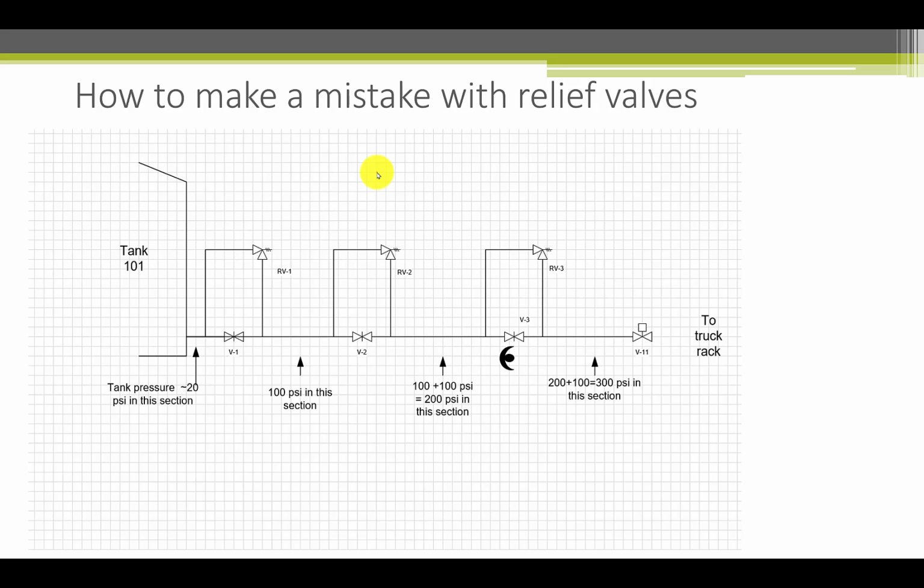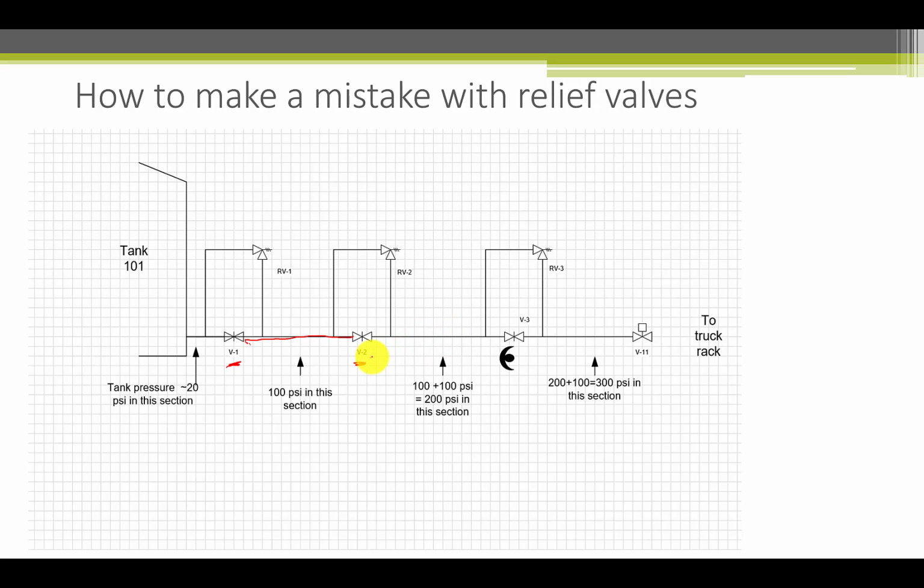Here's an example of how understanding or not understanding that relief valves are differential pressure devices can get you into trouble. Many companies require that any place hydrocarbons can be isolated in valves, that they must be relieved by a thermal relief valve. So for example, in this valve, you can block liquid from here to here.